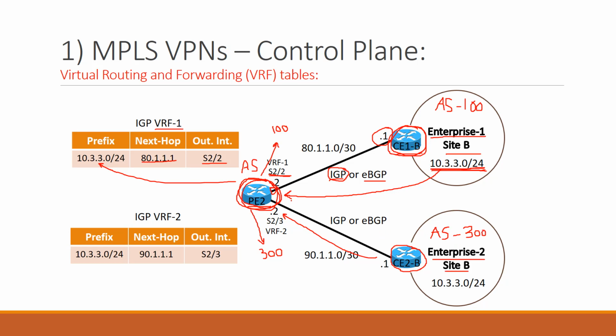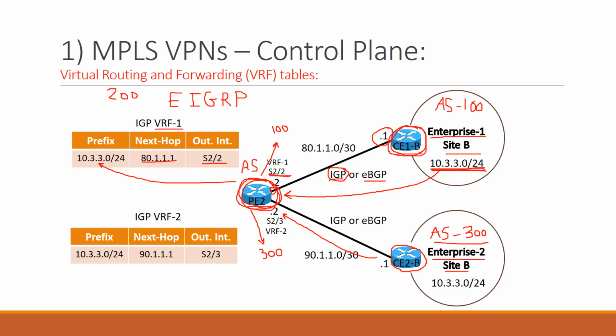So there will be EIGRP neighborship between CE2-B and provider edge 2, not an EIGRP neighborship with the EIGRP used inside the service provider autonomous system, because this will not happen. The provider network uses, let's say, autonomous system 200, and this customer site or enterprise uses autonomous system 300.